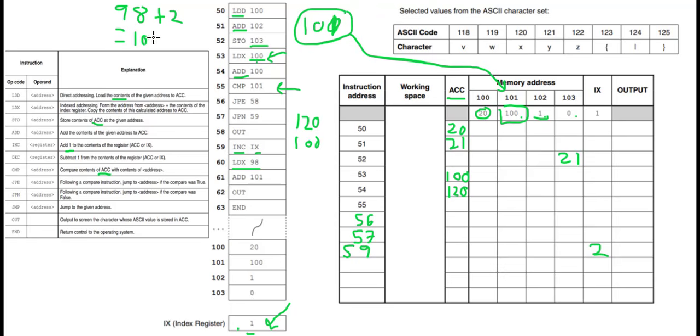And remember, we need to then put it into the accumulator. So at 60, we've got address 100. Now 100 has the value 20. So in the accumulator, it's 20, what we put in.